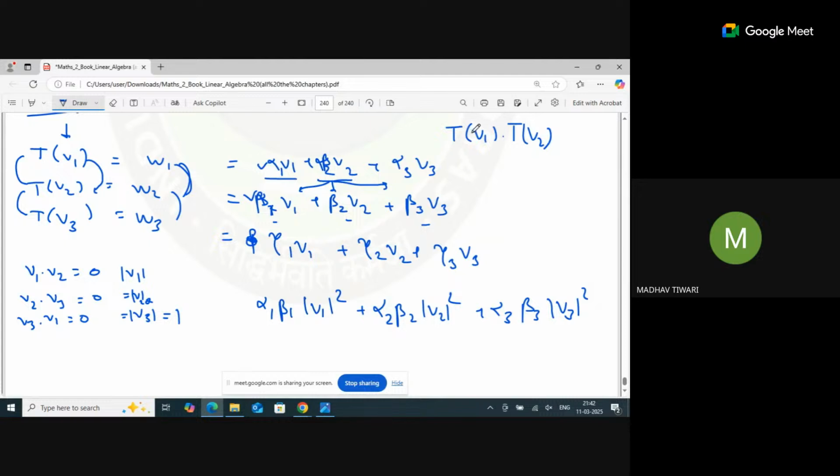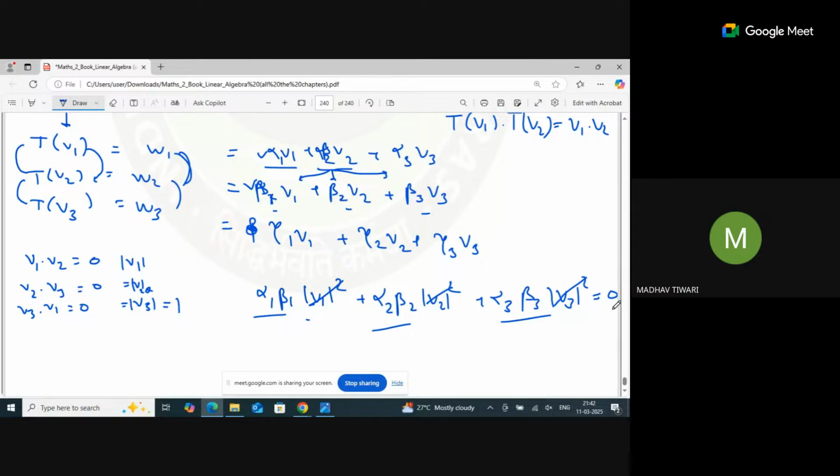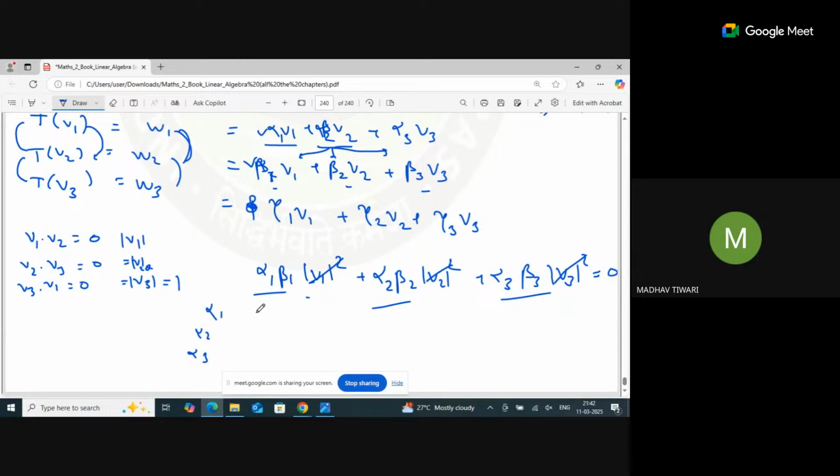It should be equal to V1 dot product V2, which is 0. Since V1's length is 1, and each of these is 1, I got alpha 1, beta 1 plus alpha 2, beta 2 plus alpha 3, beta 3 equals 0. This means the vector alpha 1, alpha 2, alpha 3 and the vector beta 1, beta 2, beta 3 are orthogonal.